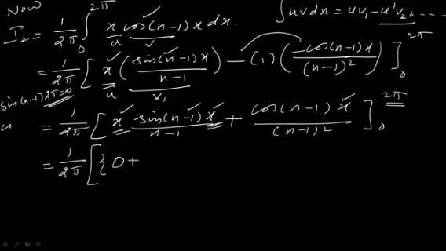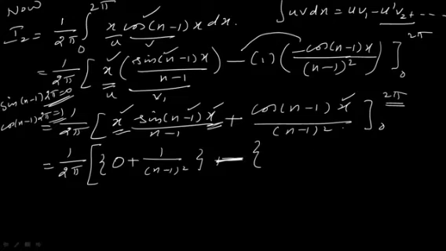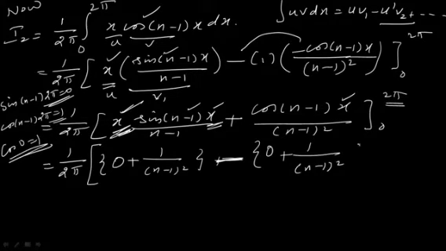Plus, you know the value of cos (n−1)2π, which is plus 1. So 1 divided by (n−1) the whole square. So upper limit over, minus lower limit. Coming to the lower limit, if you replace x by 0, what happens? 0 into anything is 0, plus cos (n−1)0, that is nothing but cos 0, and cos 0 value is 1. So 1 divided by (n−1) the whole square.